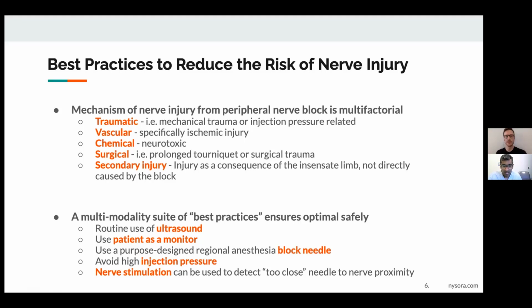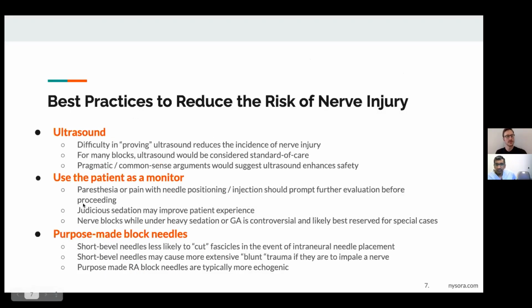We advocate using a purpose-designed regional anesthetic block needle for most of your blocks. We want to avoid injecting things under high pressure. And we can, in fact, dust off the nerve stimulator and use that as another tool to give us a bit of additional information about the possibility that our needle may be too close or within the nerve prior to injecting.